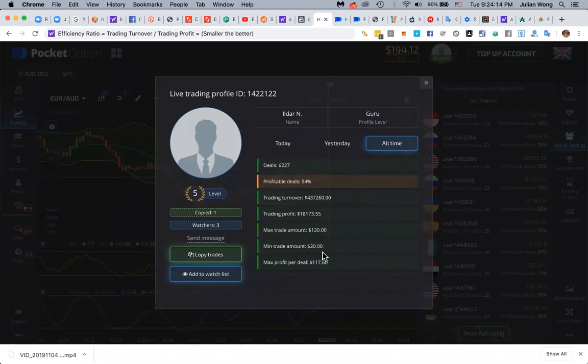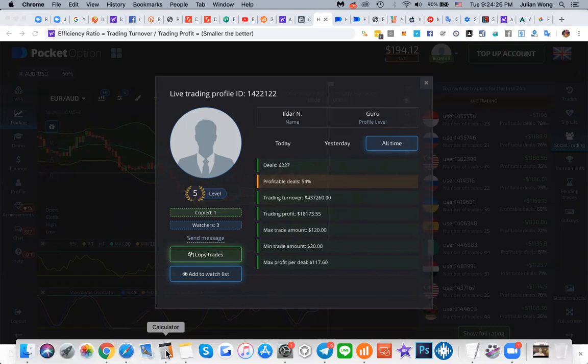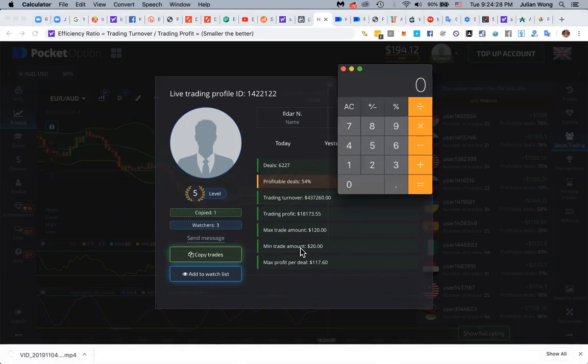So maybe I want to do $1 trades. So what would be a $1 trade based on this? Simple. Let's say we don't want to do 20, we want to do 1 out of 20. So what's that?